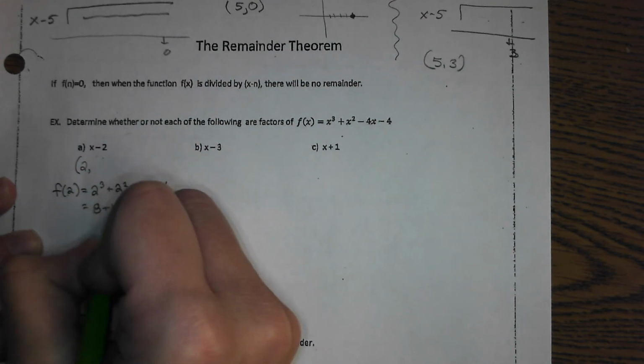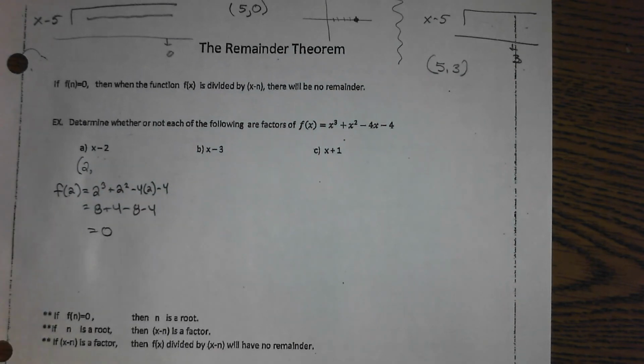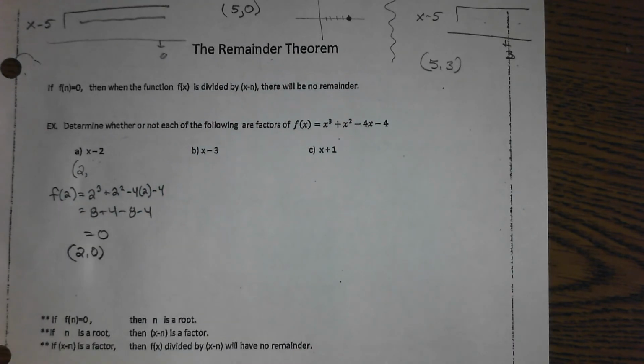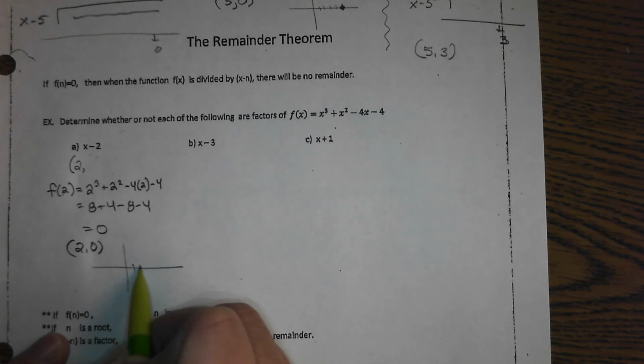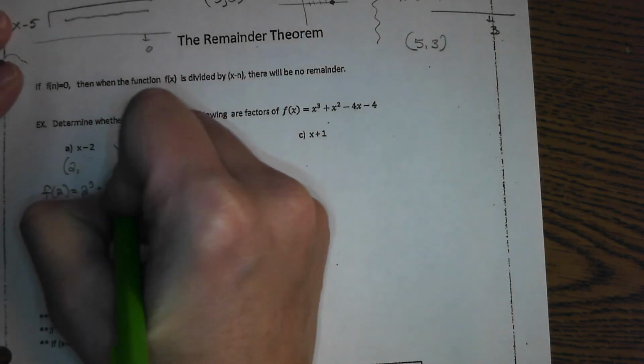We get 8 plus 4 minus 8 minus 4, which is 0. And if f of 2 gives you 0, that means 2, 0 is a point on the graph. And if 2, 0 is a point on the graph, then 2 is a root. And if 2 is a root, is x minus 2 a factor? Yes.